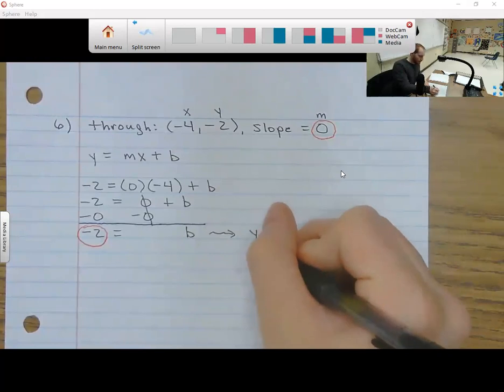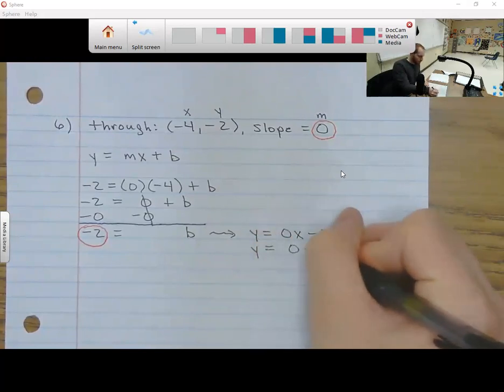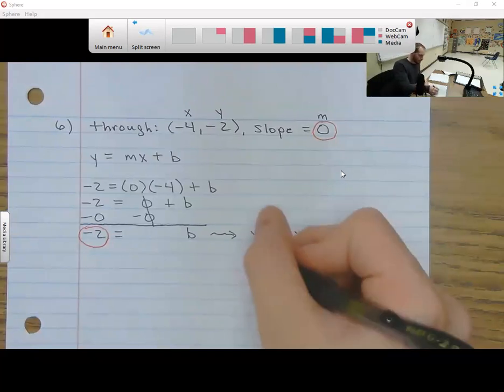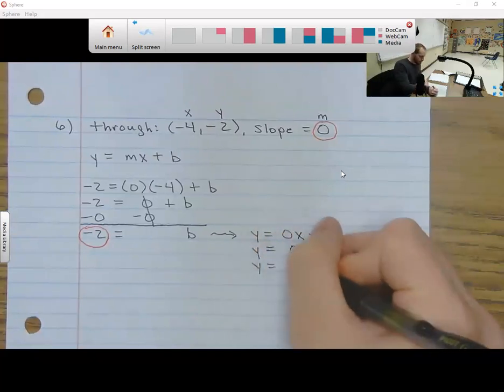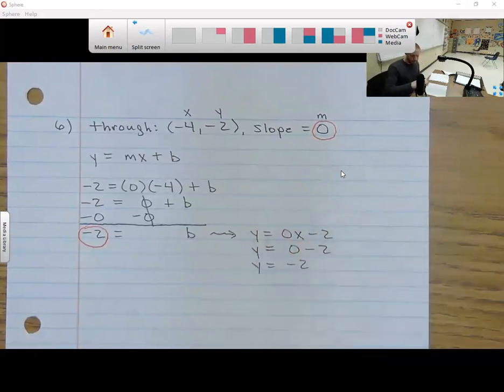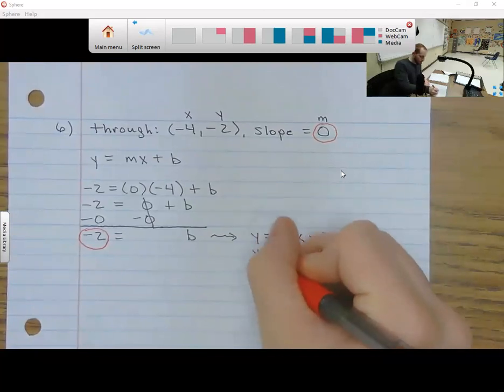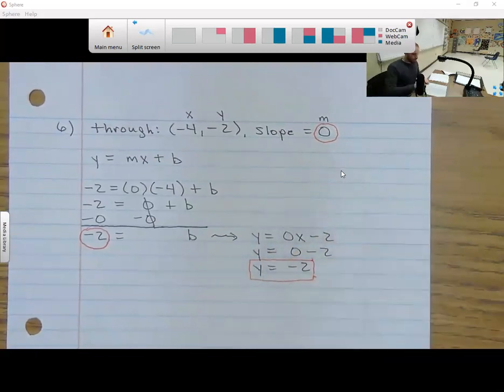So this is actually going to simplify down a little bit into 0 minus 2. All I did was I replaced 0x with 0. And I know that 0 minus 2 is the same thing as negative 2. So really, this is the formula that I want. Y equals negative 2. Okay? So that's going to be my answer.